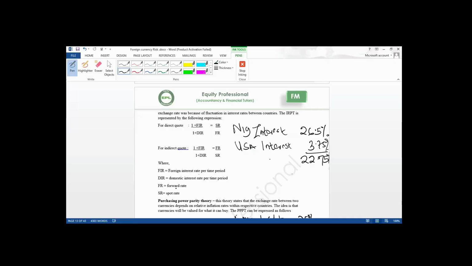The purchasing power parity theory argues that the exchange rate between two currencies depends on the inflation rates between the two countries.